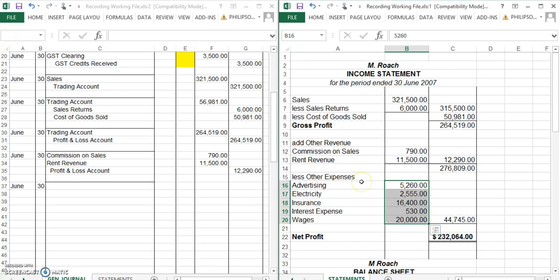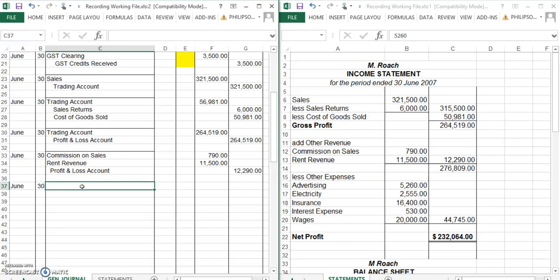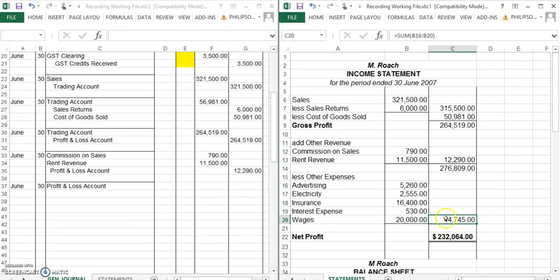Expenses are debits, so in order to zero them, we need to credit them and debit the profit and loss account. The maths has already been done for us because all of these accounts have been subtotaled into here. So we just want this 44,745 amount.